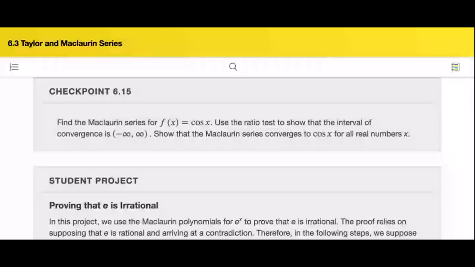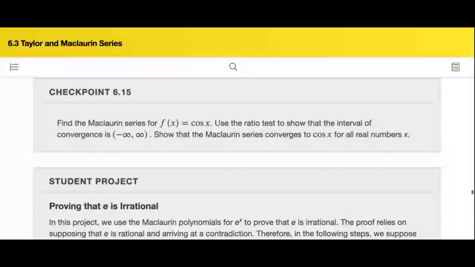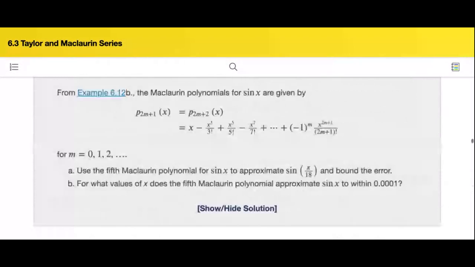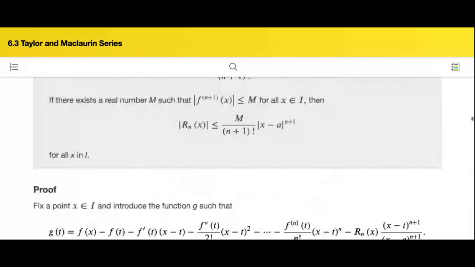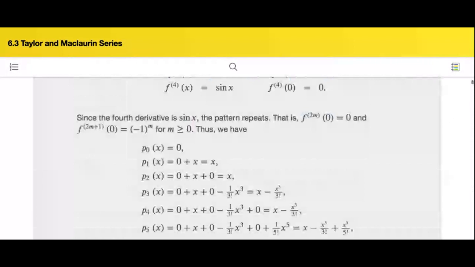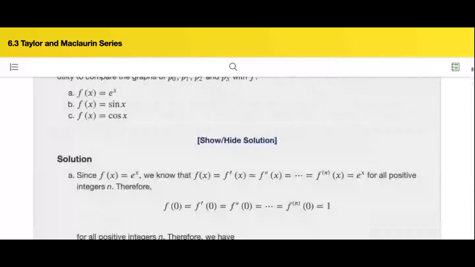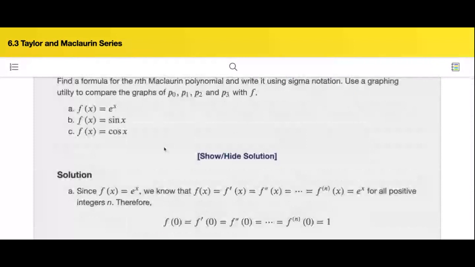Actually, it'll be good for us to review a little bit because this is a long break, right? We did a calculation. Let's just review, 6.2 or 6.3? Oh, here. Okay. Sine x, cosine x are very similar.